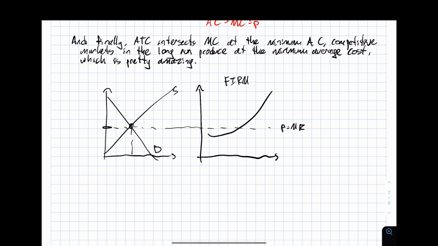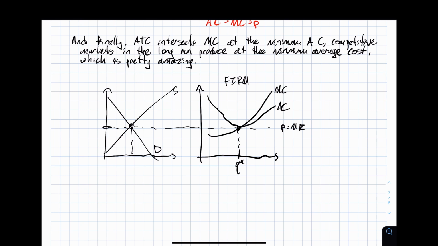We have our marginal cost. This is our quantity. And let's say we're in our long run equilibrium. So we have our average total cost, average cost curve like this.